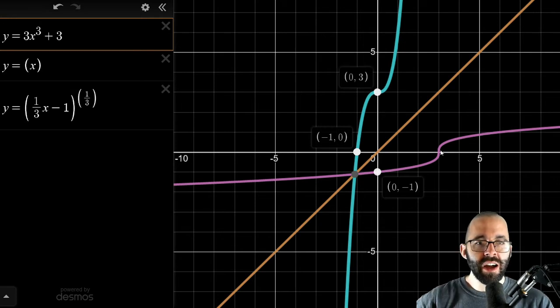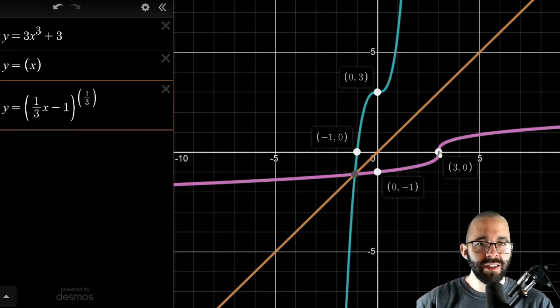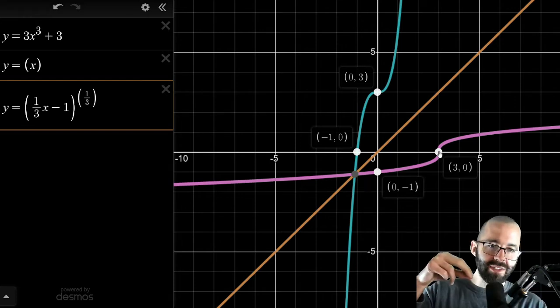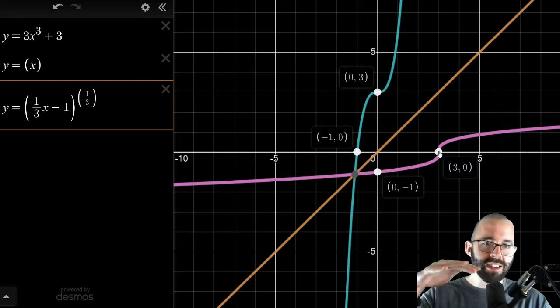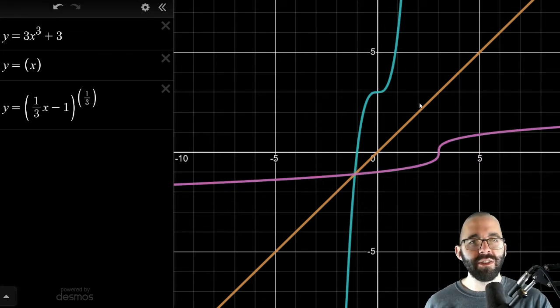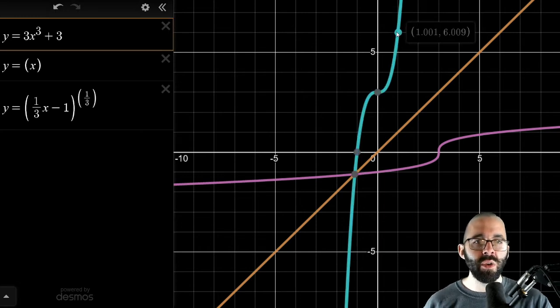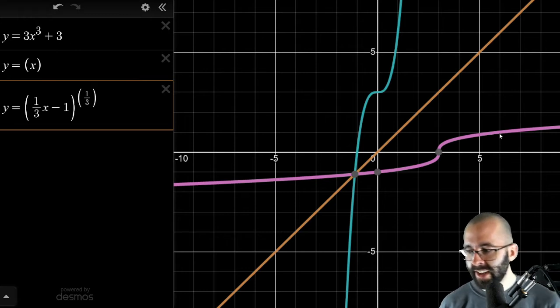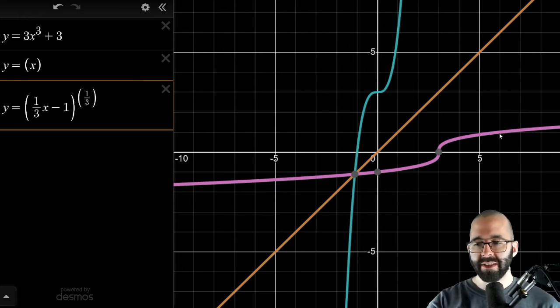This point on the main graph, switch that x value and that y value, right? The x of 0 becomes the y of 0. The y of 3 becomes the x of 3. And any point you pick on these functions, you switch the x coordinate and the y coordinate, 1, 6 should be 6, 1. Oh, look at that. Switch those x's and those y's. All right. And that's what we've got going on here.